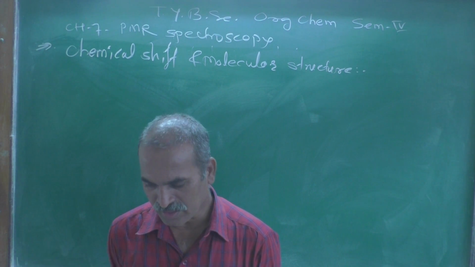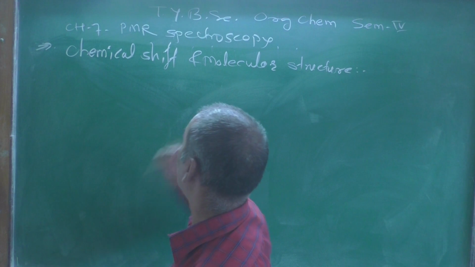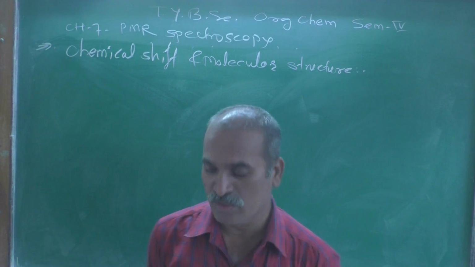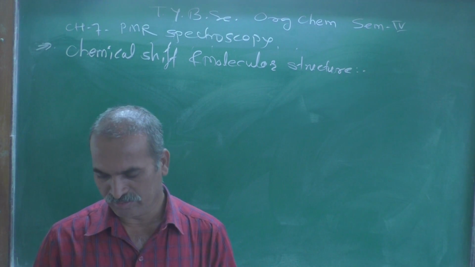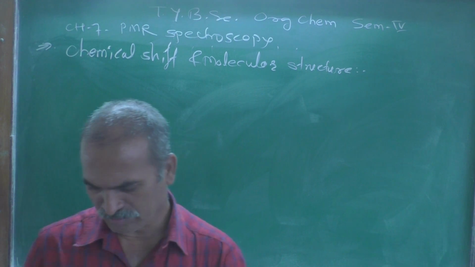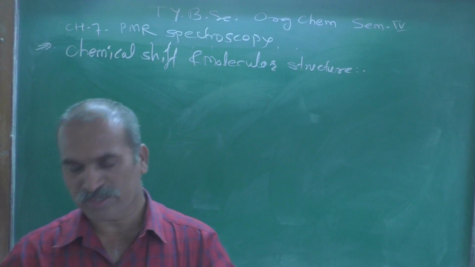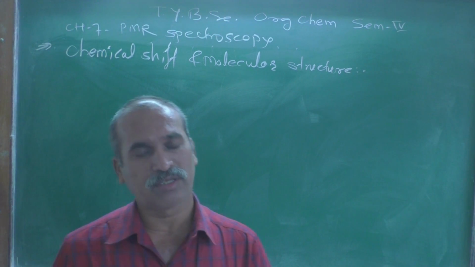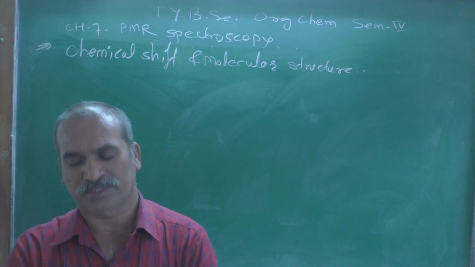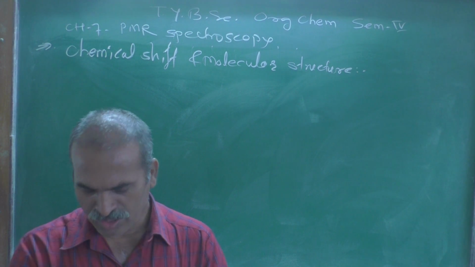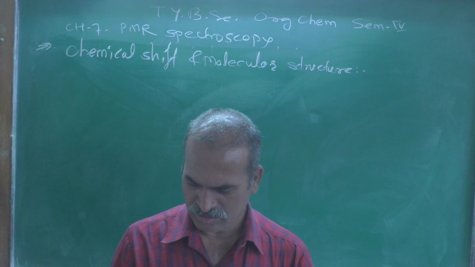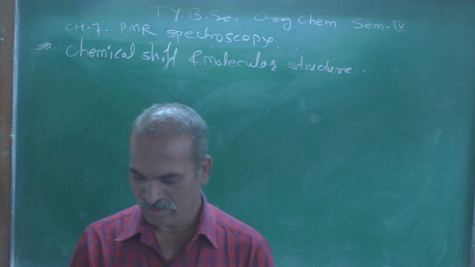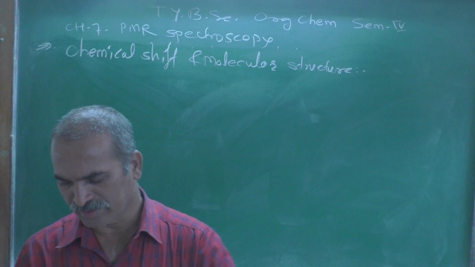So here we are discussing the chemical shift and the molecular structure, and how it will be helpful. Protons in different chemical environments are shielded or deshielded to different extents, and therefore their chemical shift values are different.